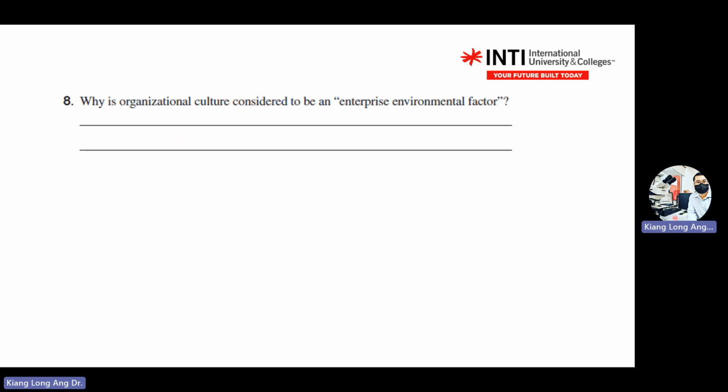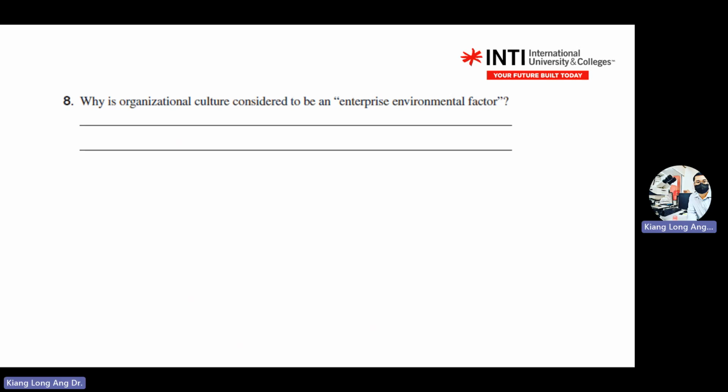What do you think is the environment factor? Change from time to time. Okay. Why? What will it influence, either the traditional organization chart or the matrix chart?